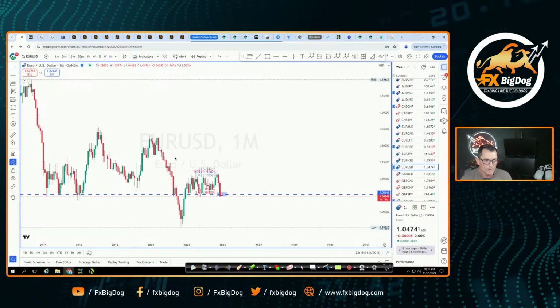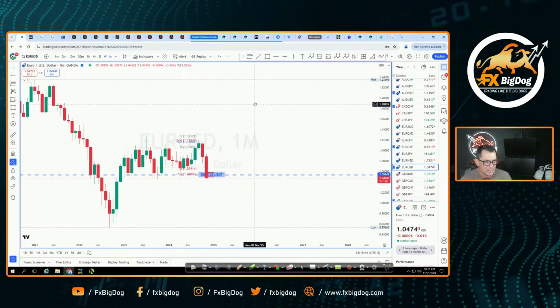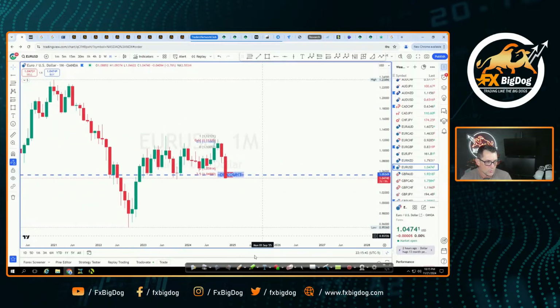Now, the order block, and I'm going to zoom in a little closer up right here so you can see where price action is moving right now. This is an order block sitting right here. This order block was a bearish order block.